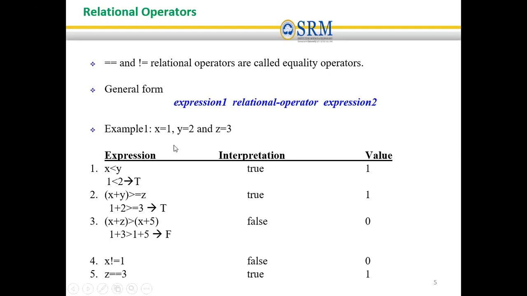Let's consider example 1 with the following values: x is equal to 1, y equal to 2, and z equal to 3. Here we can see some relational expressions. The first one, x is less than y, that is x is equal to 1 and y equal to 2, so 1 less than 2 is true.